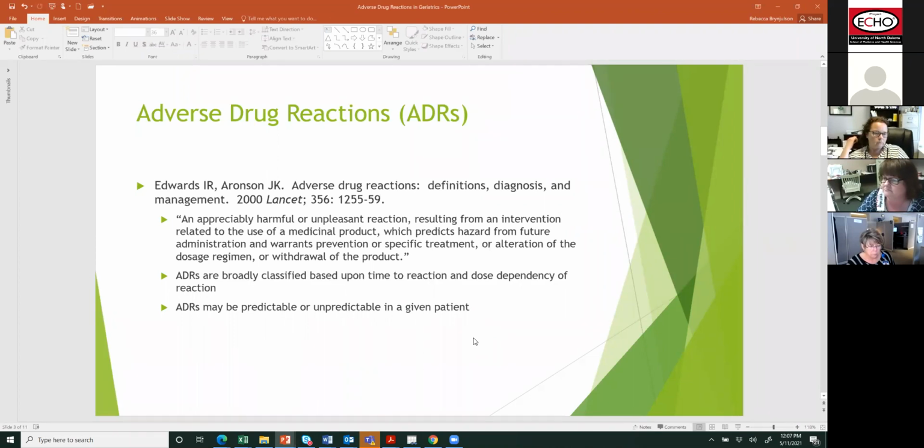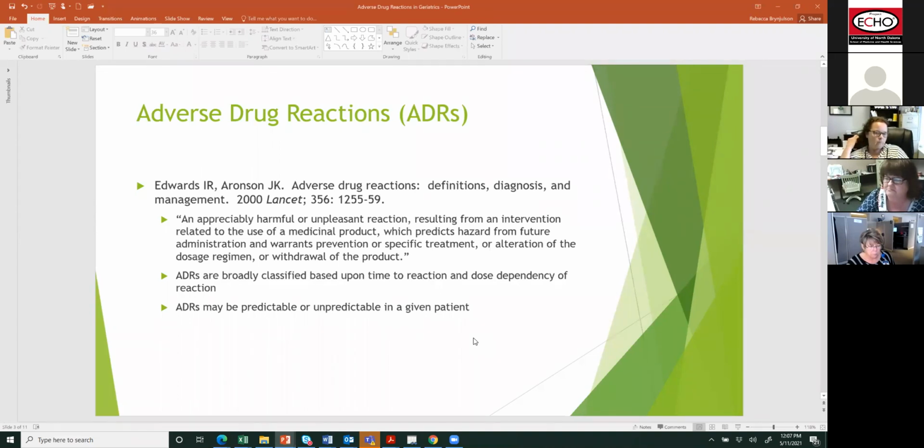But we do know that an increase from 25 milligrams a day to 50 milligrams a day does not necessarily improve blood pressure control, but really does increase the risk of adverse effects due to electrolyte abnormalities. So it's very uncommon to see 50 milligrams a day of hydrochlorothiazide used. So that's an example of something that we can predict that is dose dependent that we may see in a patient population.